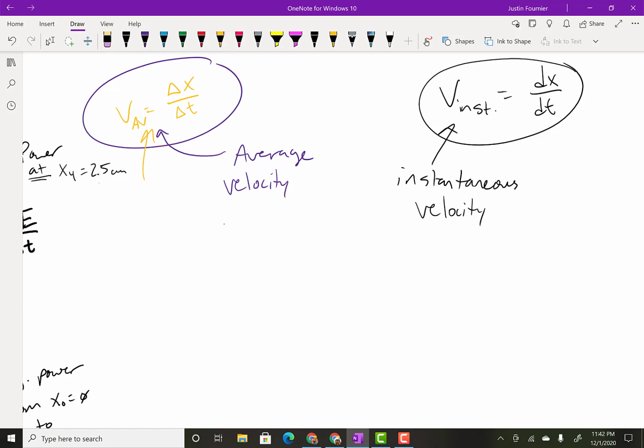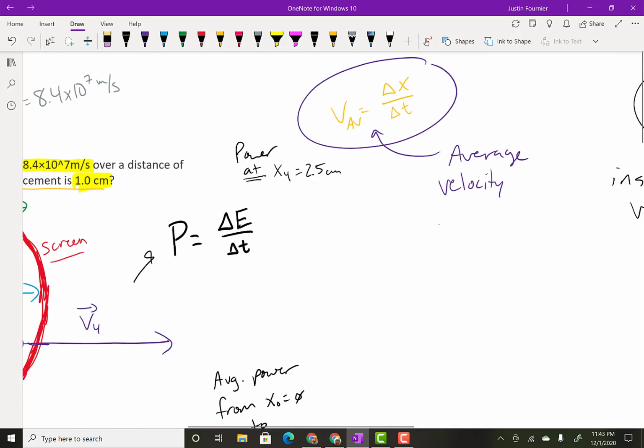If you want to find an object's velocity at any instantaneous moment, that's the instantaneous velocity, and the notation we use is dx dt. The dx is a very small change in position, super duper small, and dt is a super duper small change in time. That ratio is the instantaneous change in position over the instantaneous change in time.